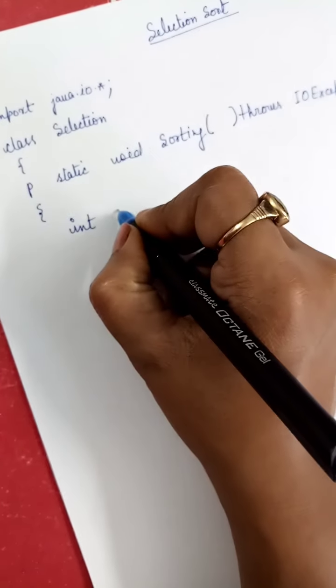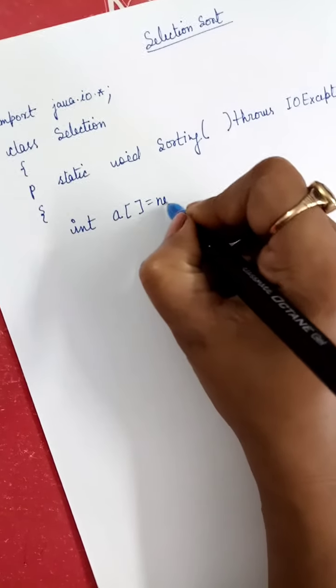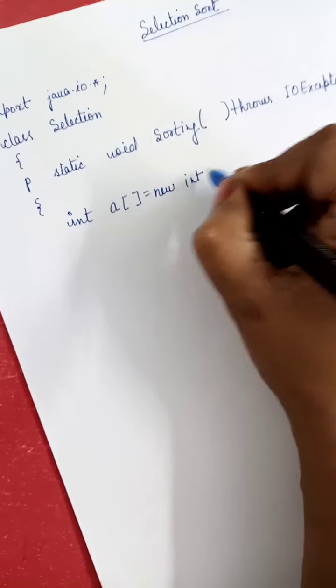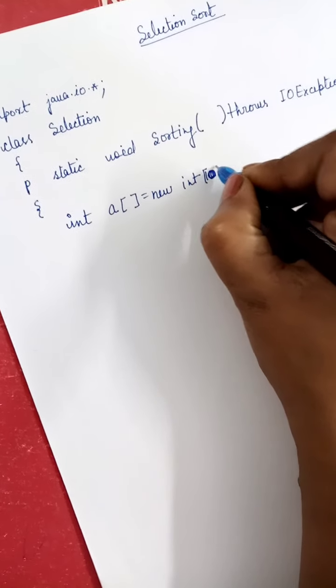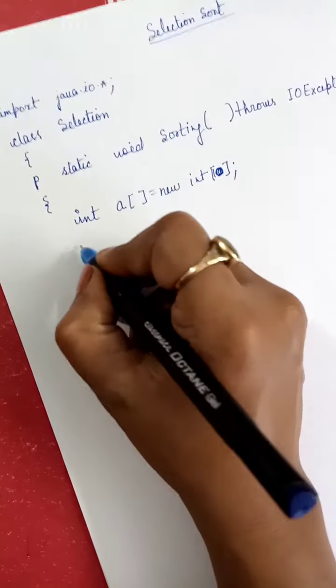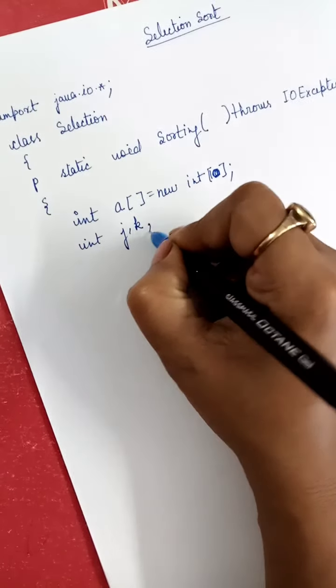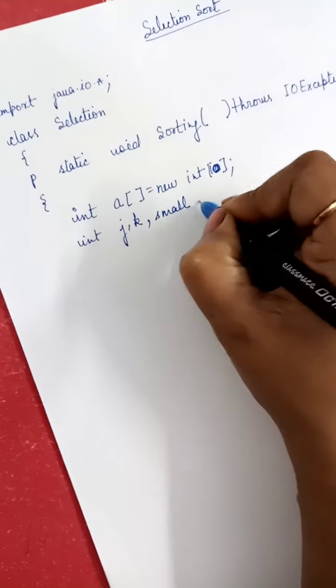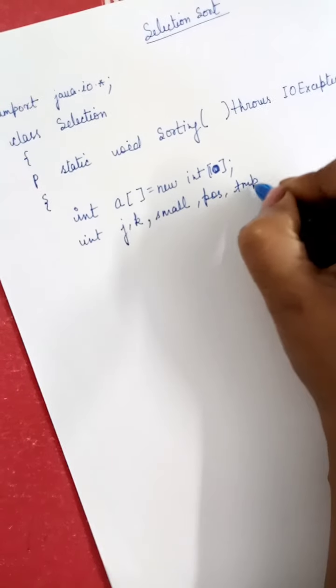Firstly I am taking the array, integer a equals new int, and the size of the array is 10. The rest of the variables are for the loop, to store the position of the smallest, and for swapping.